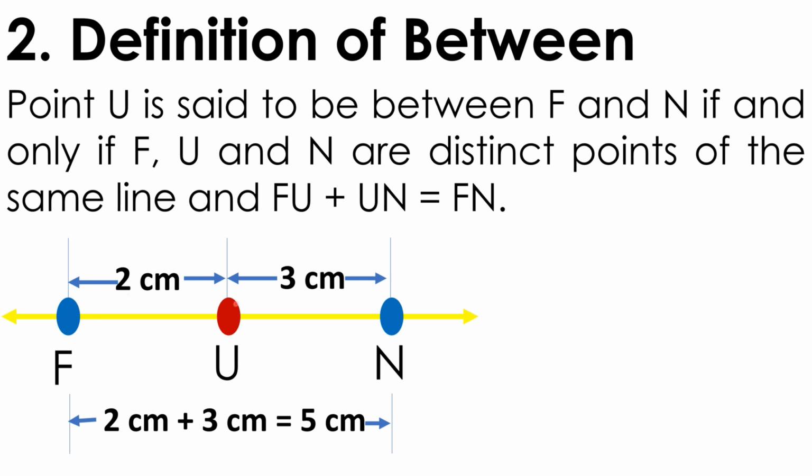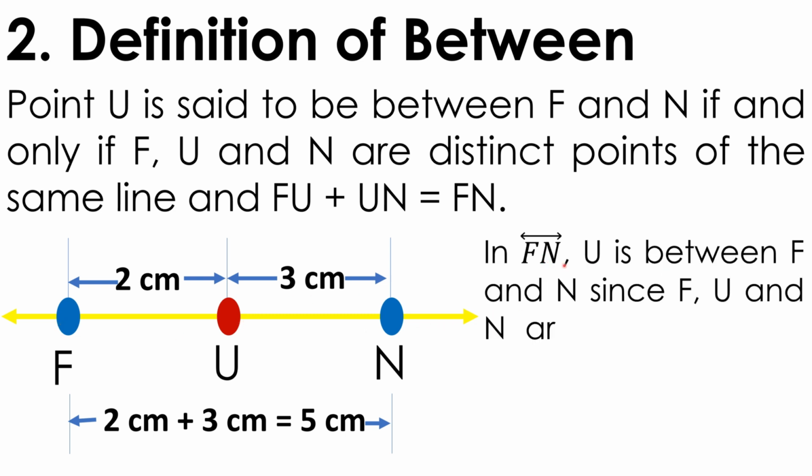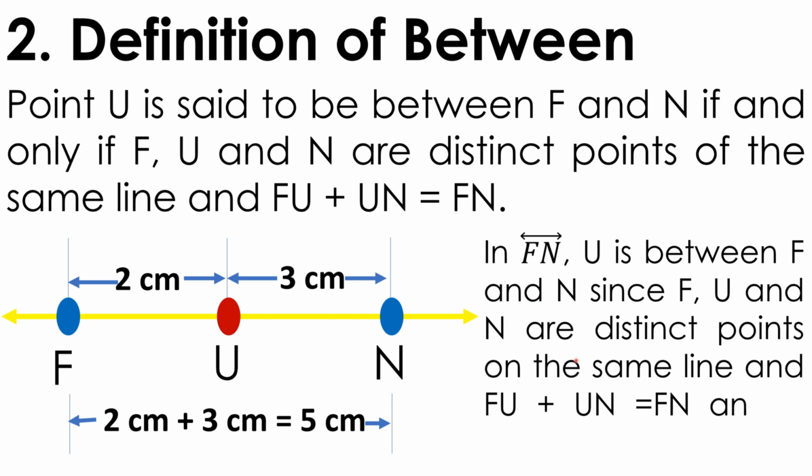In line FN, U is between F and N, since F, U, and N are distinct points on the same line, and FU plus UN is equal to FN, and 2 cm plus 3 cm is equal to 5 cm.